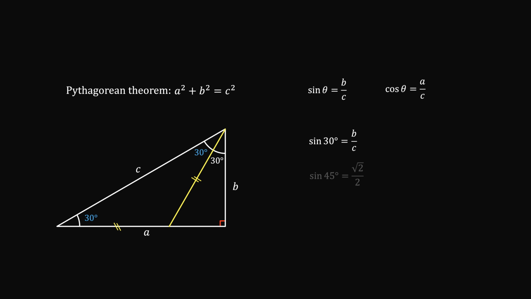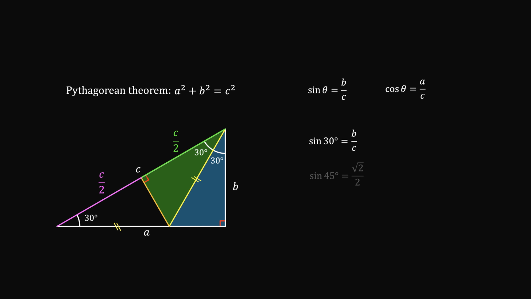Next, if we split the hypotenuse into two equal segments and connect the midpoint to the apex, then this line must be perpendicular to the base because these two triangles have exactly the same 3 sides and both have a 30-degree angle, so these two triangles must be the same. Hence, it's 90 degrees.